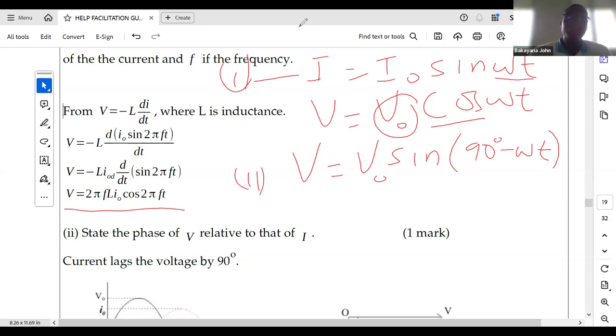So there we say that current lags the voltage by 90 degrees. Is that okay? Or voltage leads the current by 90 degrees. Is that okay?